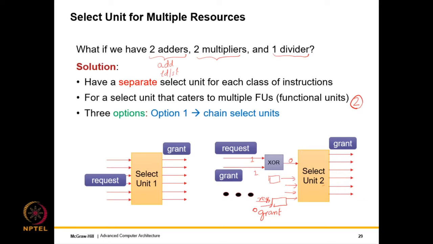So the request will show up over here. If the request is 1, it will show up over here. If it's 0, it will show up over here. The job of the second select unit is to basically grant one more request. So that is how, even if we have two adders, by chaining the select units, we can grant two requests. What is the disadvantage of this method?